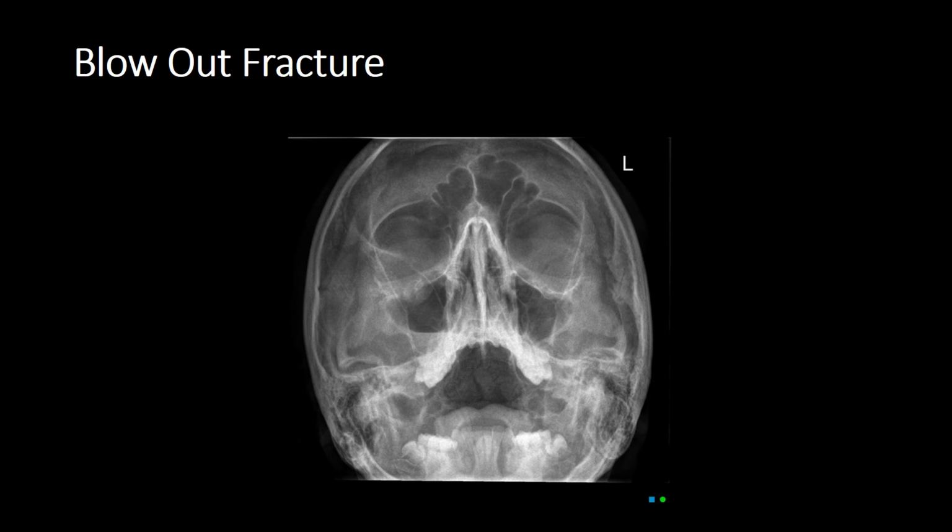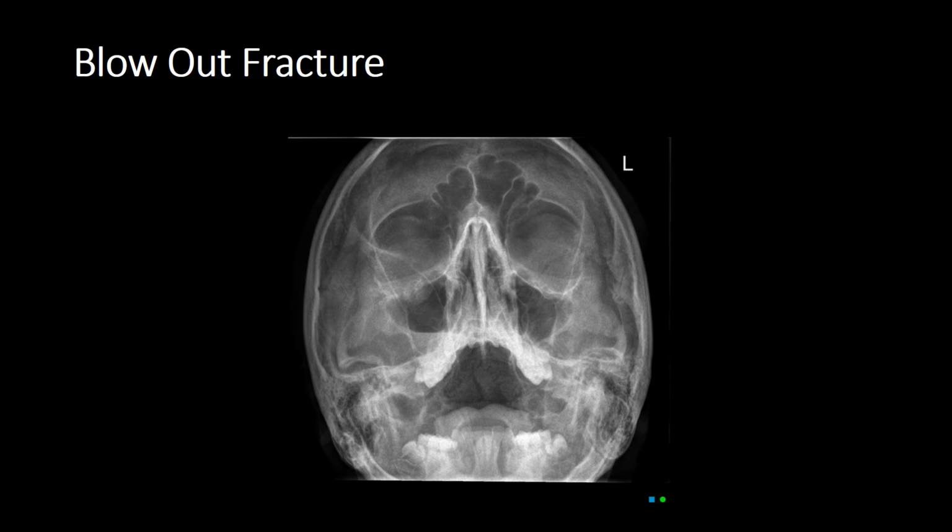Okay, line 1. So we start at the frontozygomatic suture, up over the superior orbital rim, over our nasion, over the opposing side, ending at the opposing frontozygomatic suture. So there's no diastasis of the frontozygomatic suture.